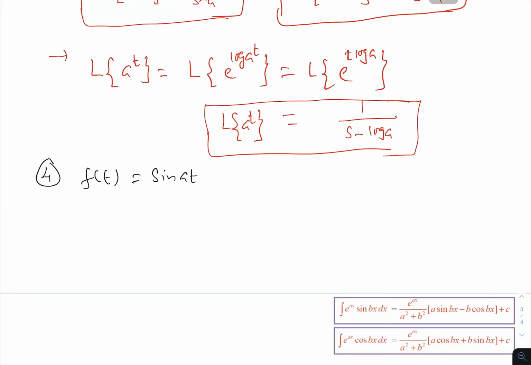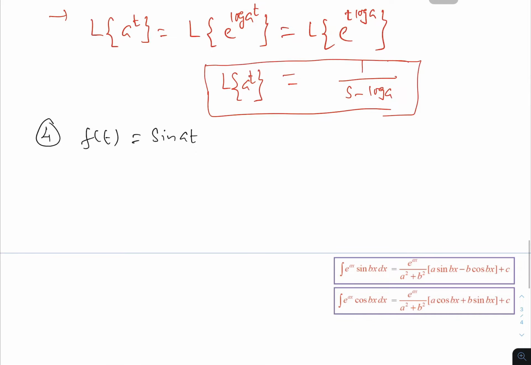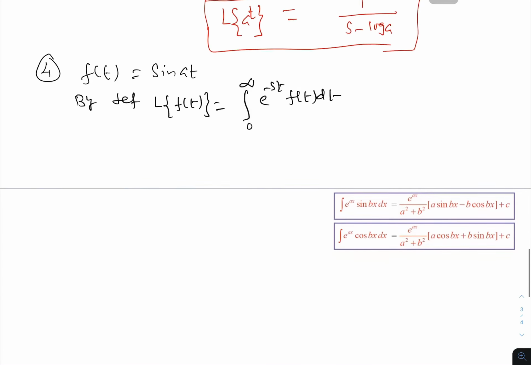First we use the standard formula, and the other by another method also. So let us now consider by definition, the Laplace transformation of f(t) equal to the integration from 0 to infinity of e power minus st f(t) dt. Now here f(t) is sine at.